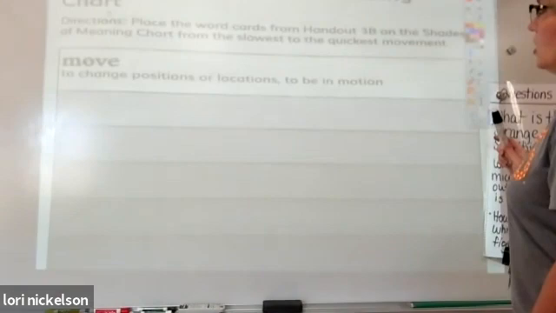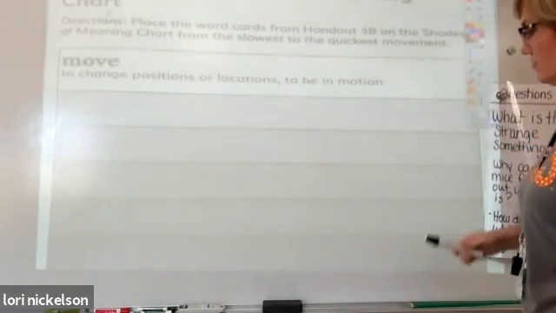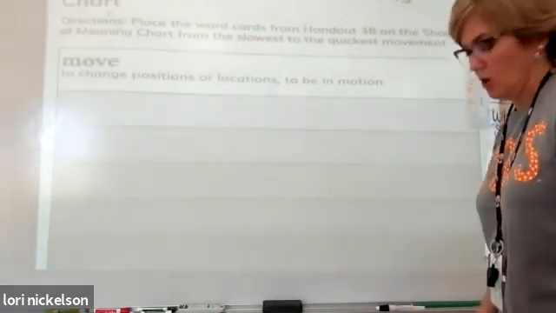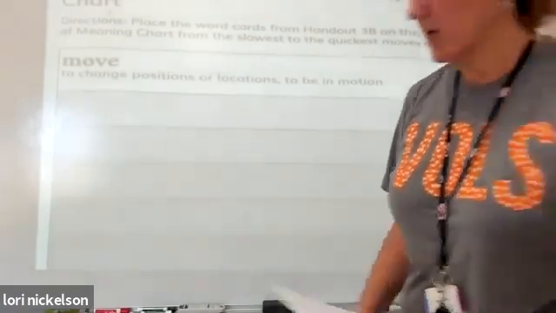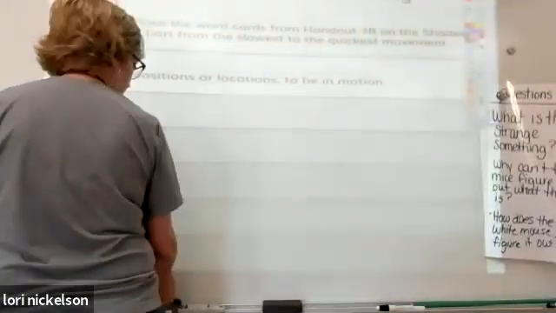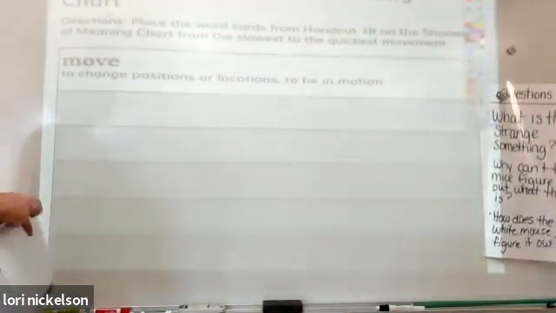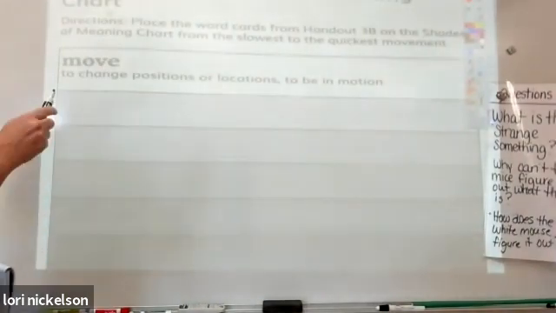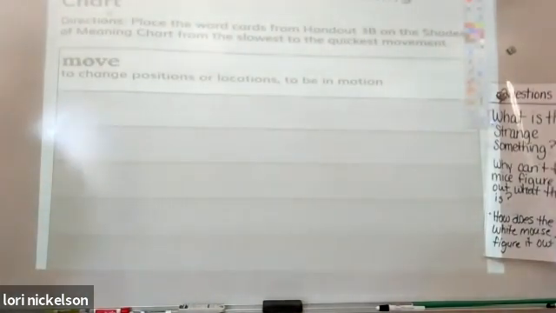So there's our shades of meaning, all right? So let's look at our words. I'm going to write our words back up here, not in any particular order, and let's put them in our shades of meaning.